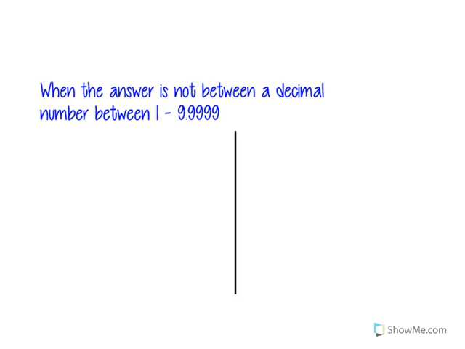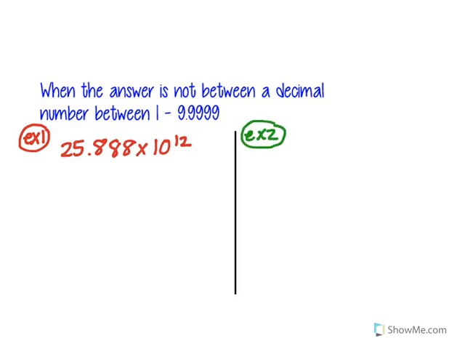So when the answer is not a decimal number between 1 and 9.99, like our example 1, which was 25.888 times 10 to the 12th power, and example 2, which was 0.375 times 10 to the 4th power.